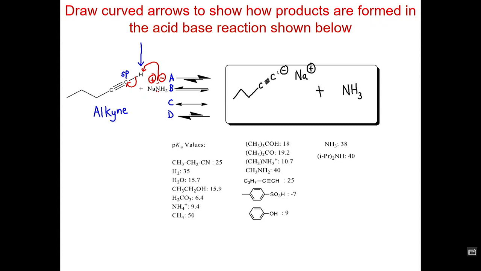So the conjugate base is the salt of the alkyne, and ammonia is the conjugate acid. In this reaction, alkyne was the acid and NH2 minus was the base.